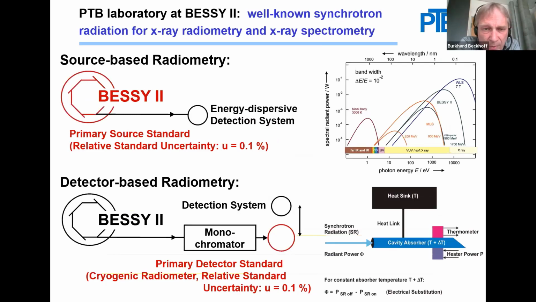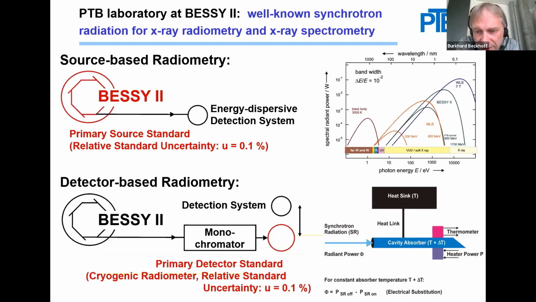we use two complementary principles. On the one hand, we operate the storage ring as a primary source standard, so you can calculate the radiation being emitted from a bending magnet with an uncertainty of about 0.1% to directly calibrate the efficiency of an energy dispersive detector. And one can calibrate photodiodes behind the monochromator by means of an electrical substitution radiometer.